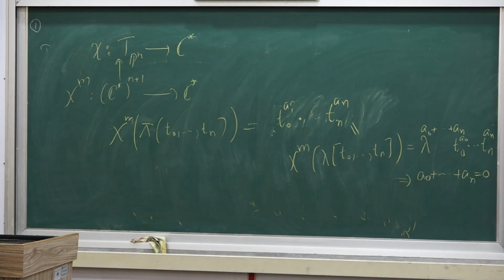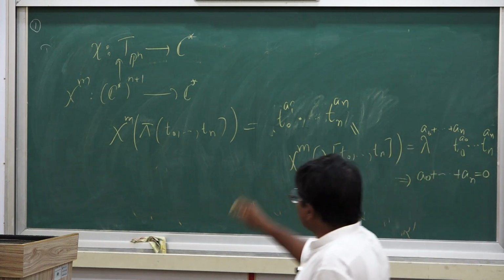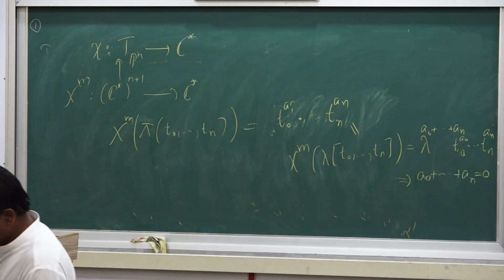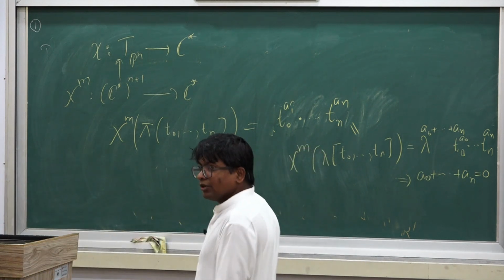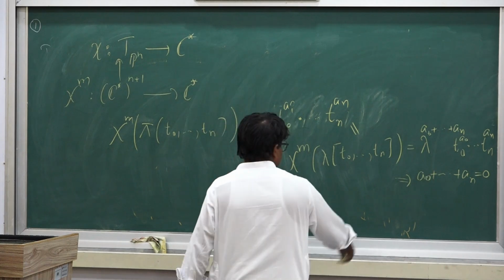So I have to put a condition on these vectors m which I'm taking in Zn plus 1, and that condition is this one.